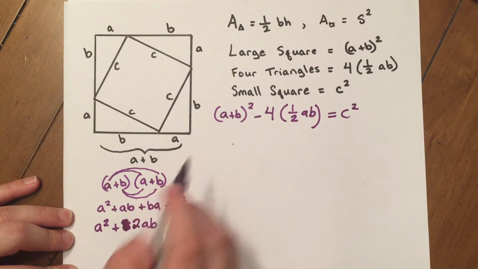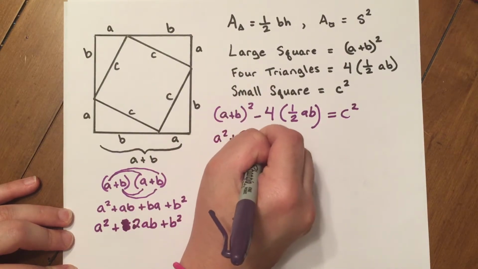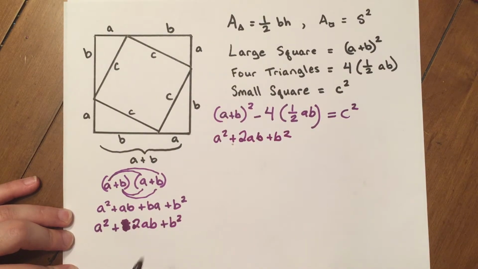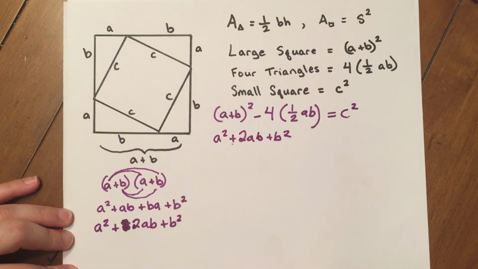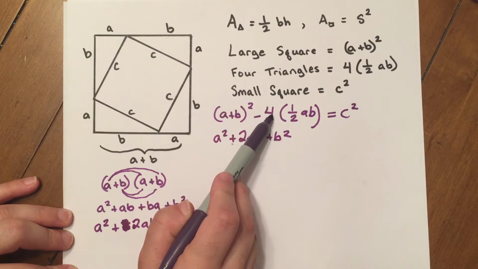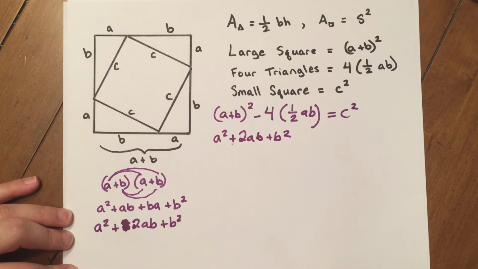So I'm going to put that over here. I'm going to say A squared plus 2AB plus B squared. Now let's look at this 4 of the 1/2 AB, right? If we take 4 and we multiply it by 1/2, we end up with 2, right? Let's look at it over here on the side.